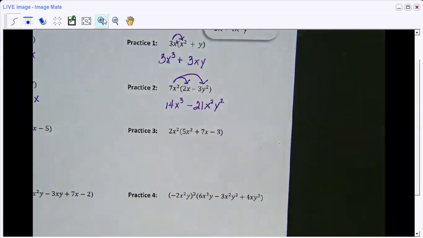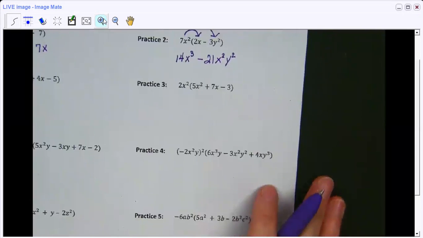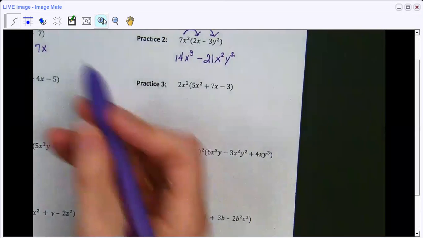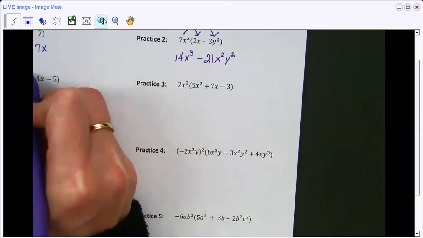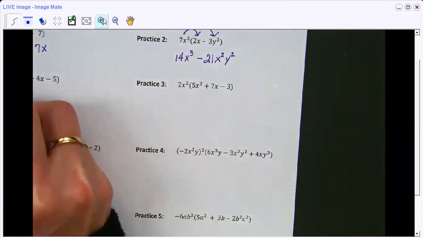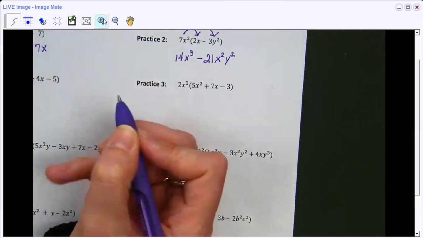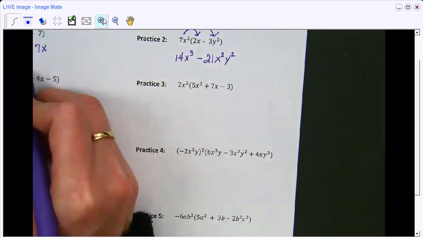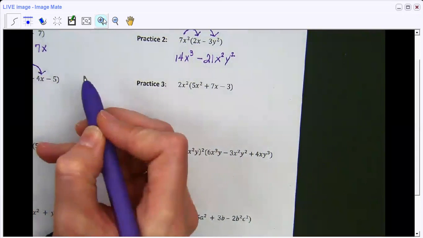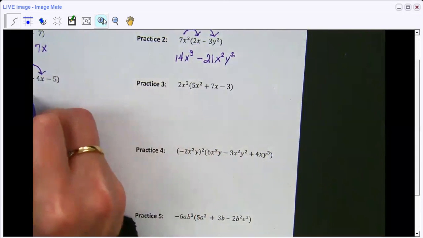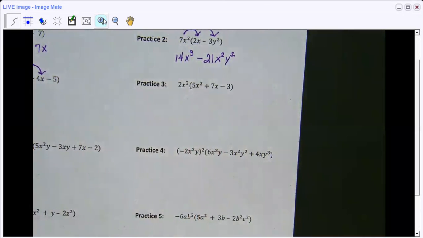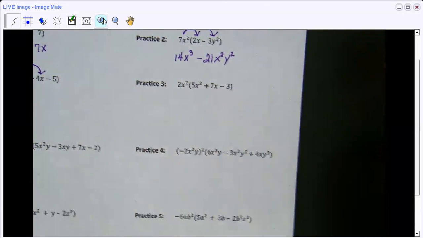Okay, good. All right, now we're moving on to a monomial by a trinomial. So we just did monomials by binomials. It's the same thing though. Nothing changed except you're just multiplying 3 times. So 3x times x squared is 3x cubed. So you said when it's monomial by binomials, you multiply the one out front by both of them?